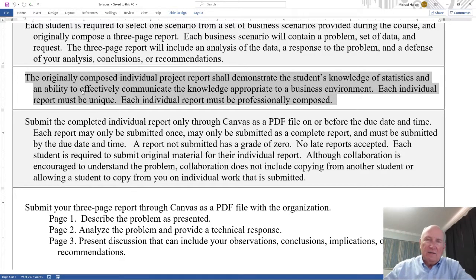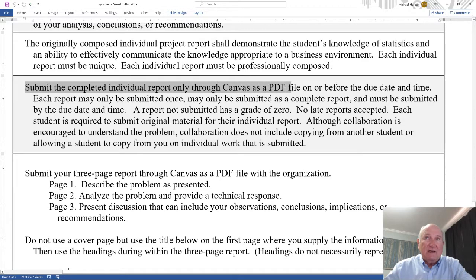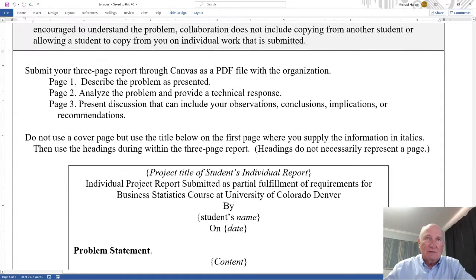Boom, that's plagiarism, and I'll report it to the Internal Affairs Committee. Submit the completed individual report only through Canvas as a PDF file on or before the due date and time. So be very careful of that. No late assignments are accepted.